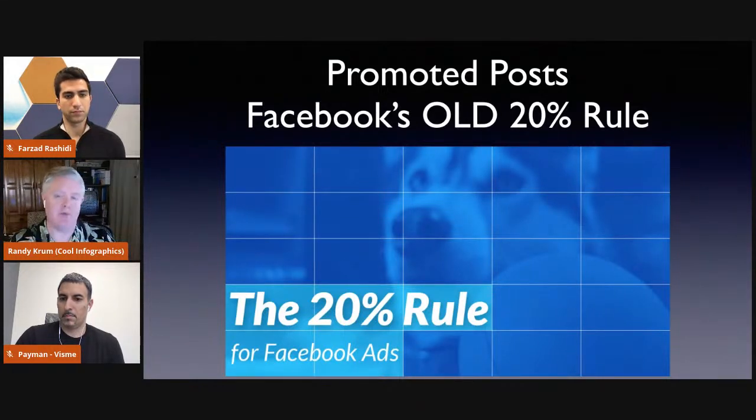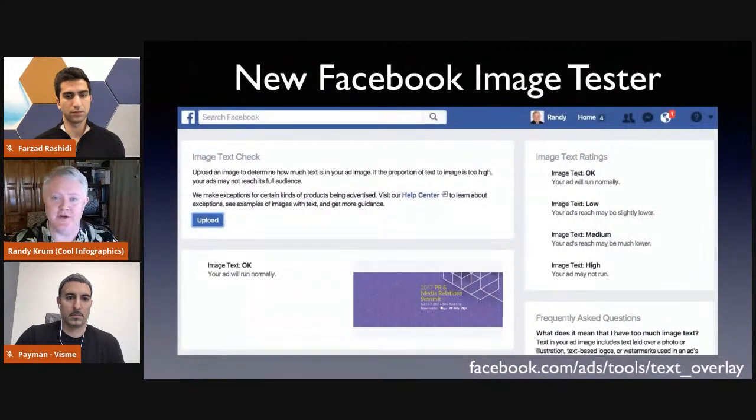So if your company's doing paid promotion for your content marketing, you used to have to follow this 20% rule. They've now updated that to a new Facebook image tester. So whenever you create a thumbnail that's going to be posted on Facebook, I would highly recommend you use their free image tester. And it will tell you if your paid promotion is going to pass their test or if they're going to limit how many people see it because you've got too much text in your thumbnail image.